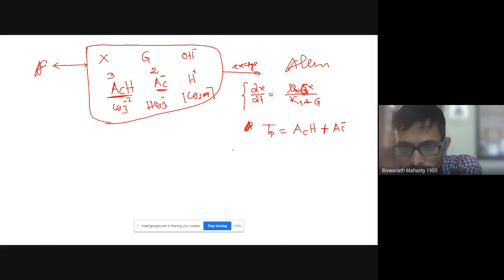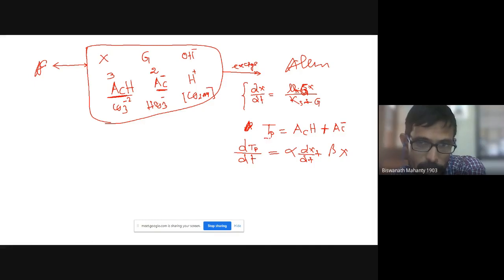Yes or no? So now if I say total product, I am writing dP/dt, total product by microorganism. What equation have you written? I know you will say, sir, alpha into dX/dt plus beta into X. So you should not write acetate like that. I'll write total product.